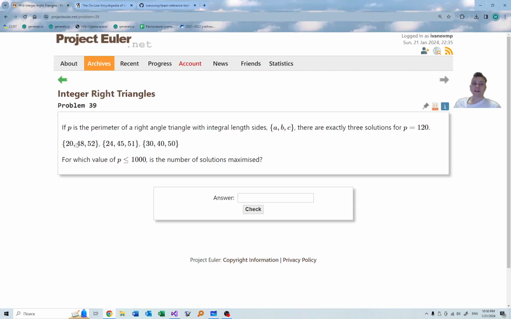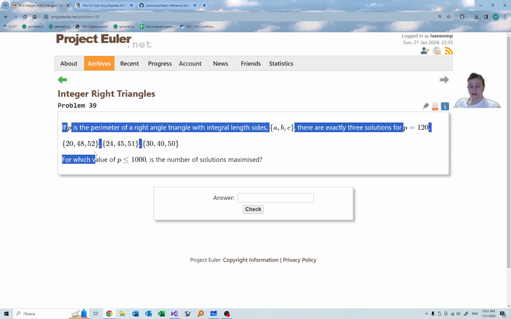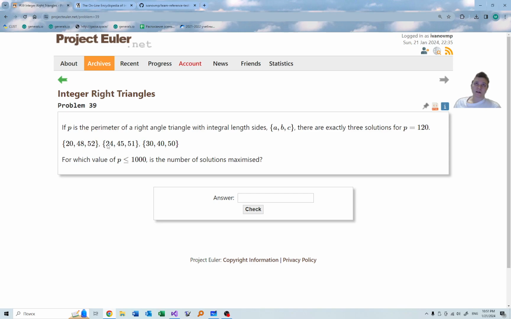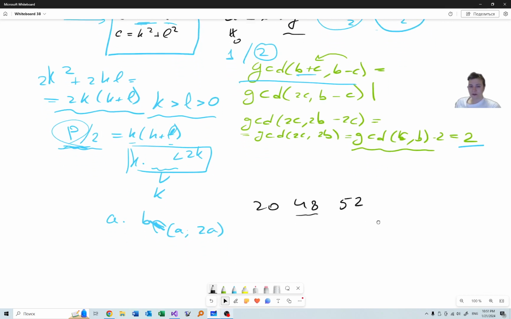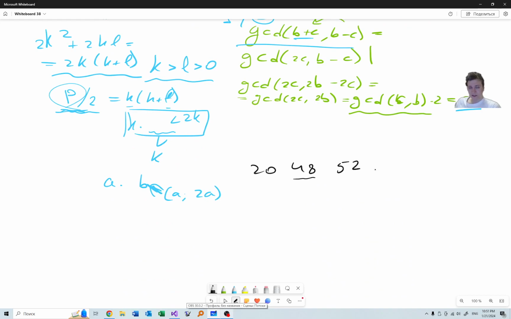So first of all, for example, let's look at this thing. Yeah, let's take 20, 48, and 52. So this has a greater power of 2. And clearly this is 2kl, so kl equals 24.